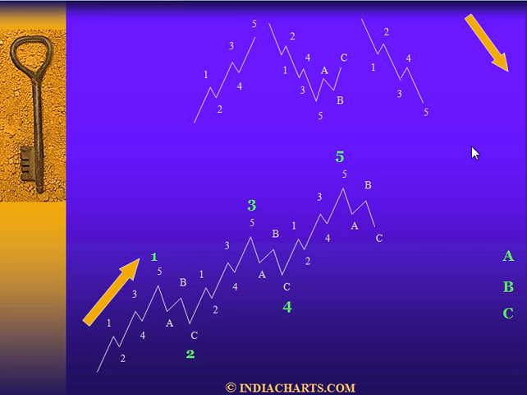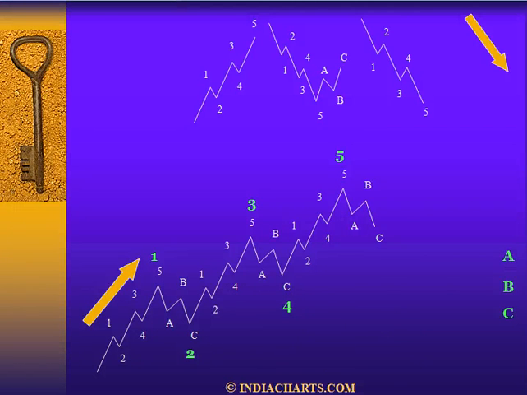The answer is yes, because like I mentioned, we know the possible structures that can form. There are only so many structures that can form in a 1 2 3 4 5 ABC, that it gives you a certain probability of what is likely to come ahead. Even if something changes, you are able to quickly determine that something unusual happened, and therefore you're supposed to change your view.